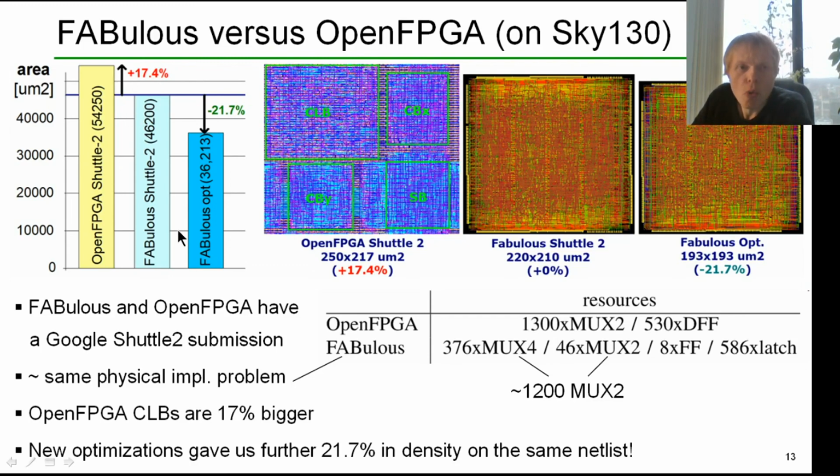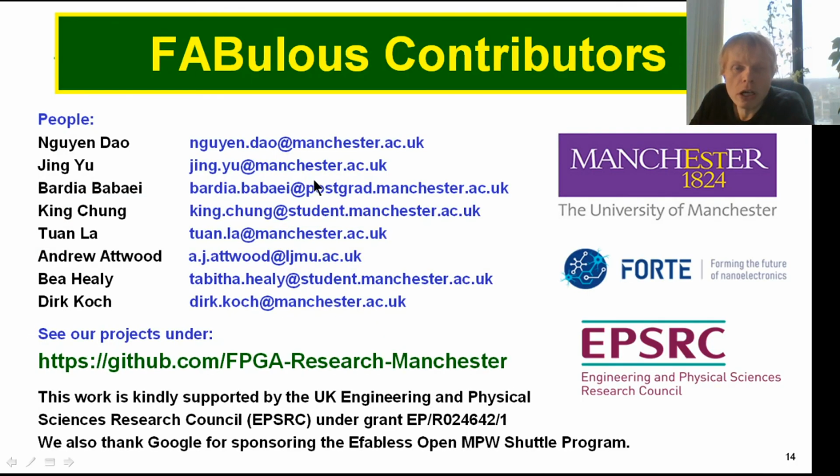And when we started with our optimizations as described in this paper, we could shrink our fabric by another 20-something%, which gives us almost a 40% area advantage over OpenFPGA at the moment. And this is making our fabrics the most area efficient ones you can get from any open source framework at the moment.